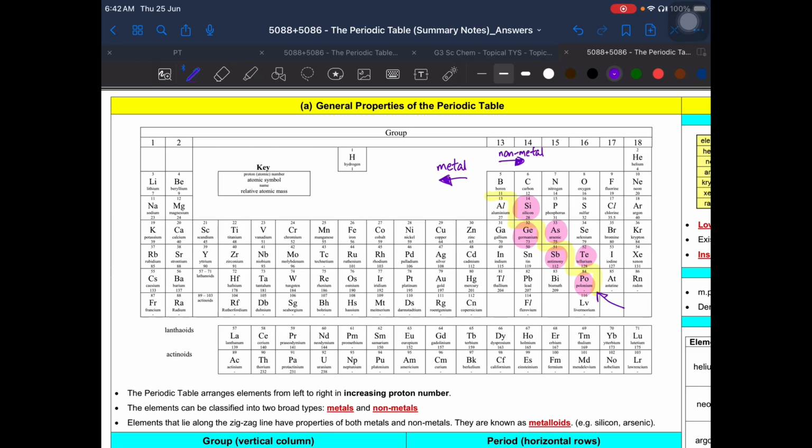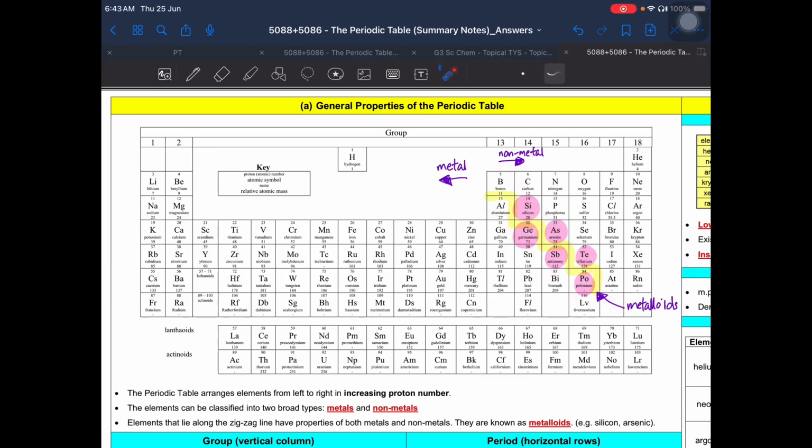Now, metalloids here, they are a bit more special in the sense that they have properties that are similar to metals and also properties that are rather similar to non-metals. So for instance, they can conduct electricity, but then they may be brittle, right? Or they may be very strong, high density, but not able to conduct electricity. So it could be a mix of the properties. That's why we call them the metalloids. So they sit within this staircase.